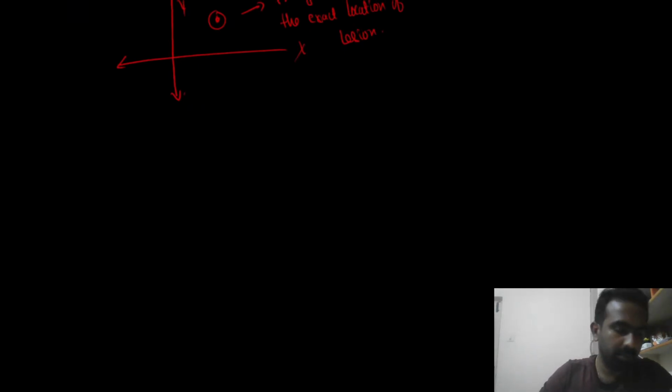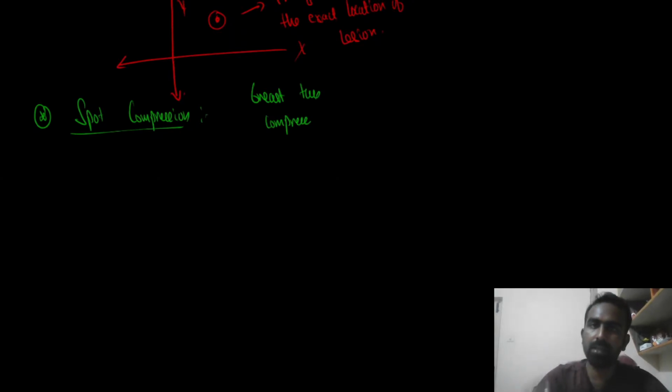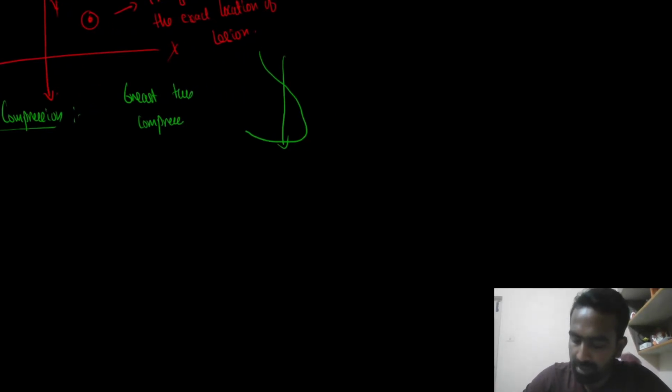Next, one more important thing is the spot compression view. It is nothing but a mammography where the breast tissue is compressed between the plates. Why is it compressed?